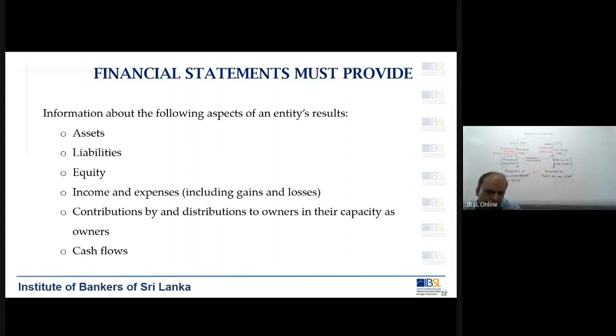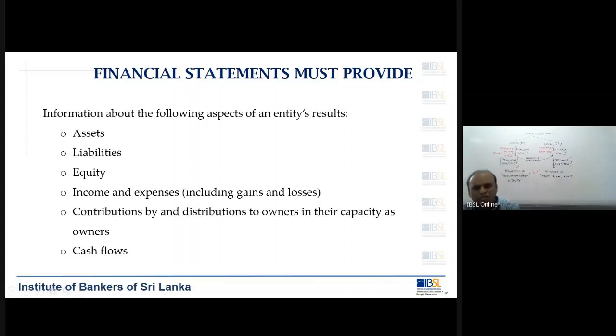And finally, what the cash inflows and cash outflows of a company are. So your financial statements should reflect all these components listed here. Basically, we are looking at how much assets, how much liabilities, what the equity components are, what the income and expense sources are, how much dividend you have distributed to your shareholders, and what the cash inflows and cash outflows are.